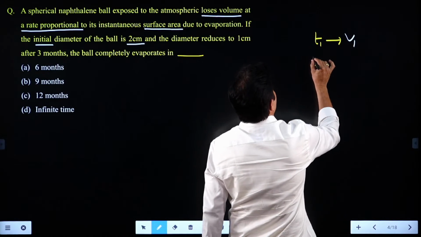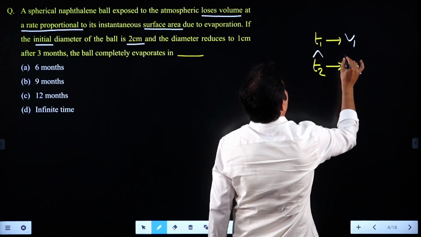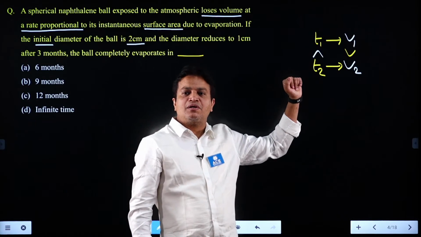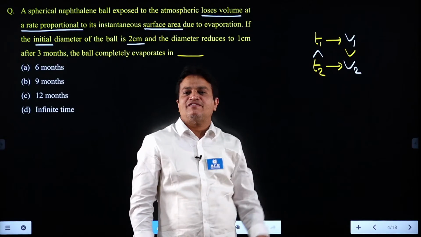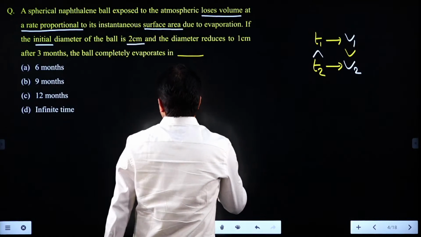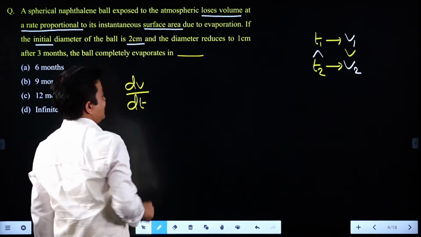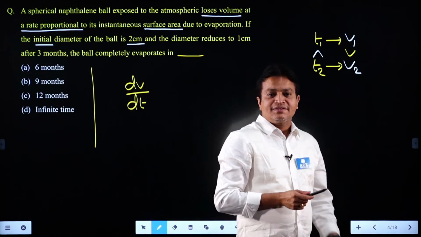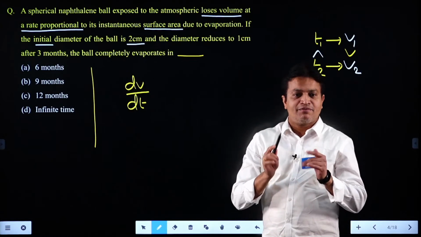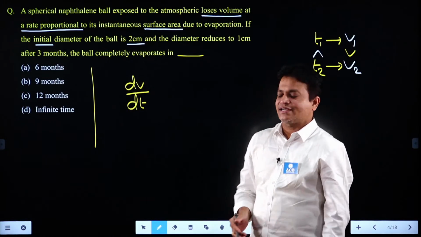Time increasing, t2 is greater than t1. Volume decreasing, V2 is smaller than V1. Then the rate of change in the volume is nothing but (V2 minus V1) by (t2 minus t1). That is nothing but dV by dt. So here dV by dt is the rate of change in that volume. That dV is V2 minus V1, negative. dt is t2 minus t1, positive. So negative by positive means a negative quantity.